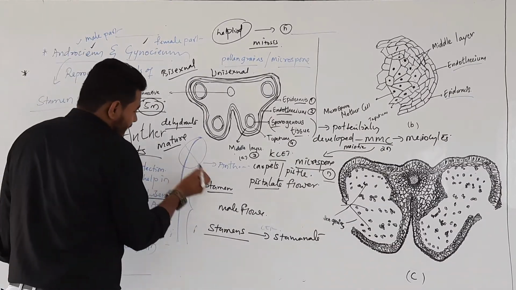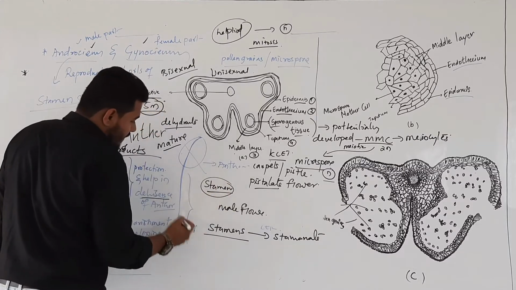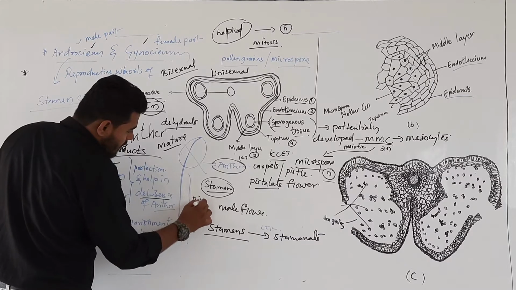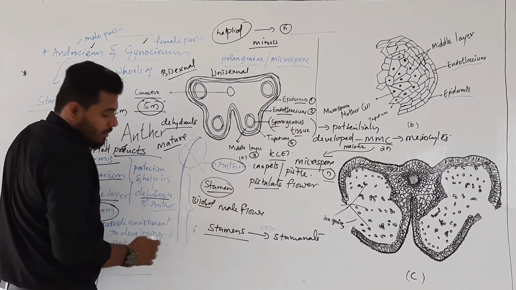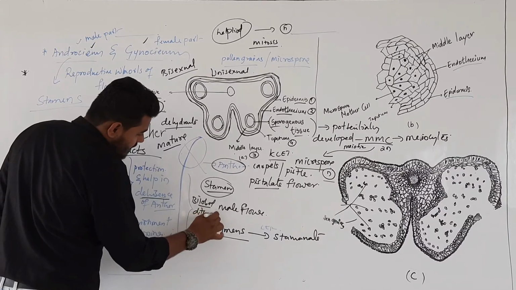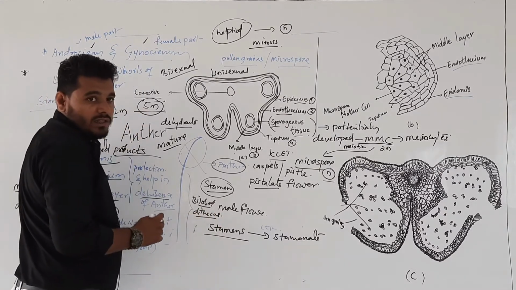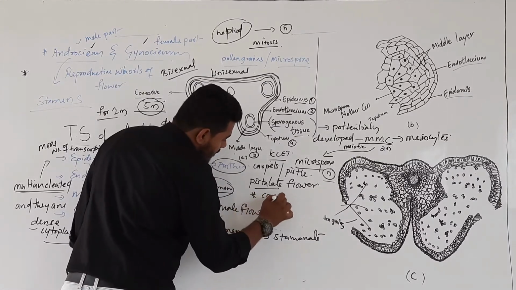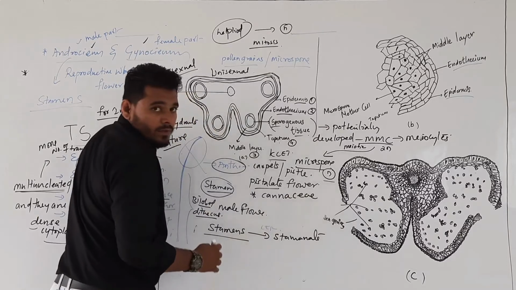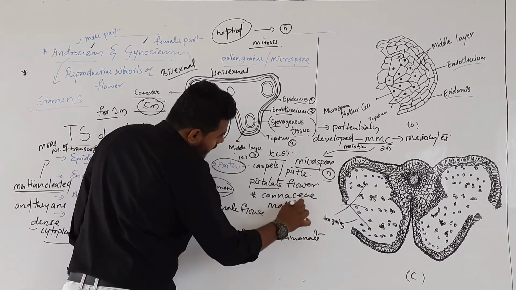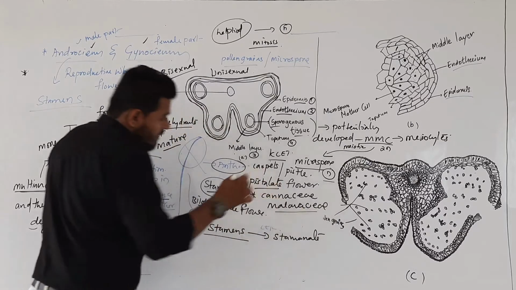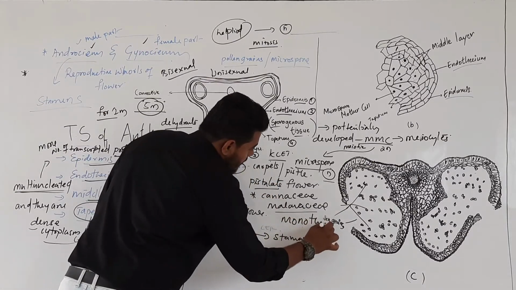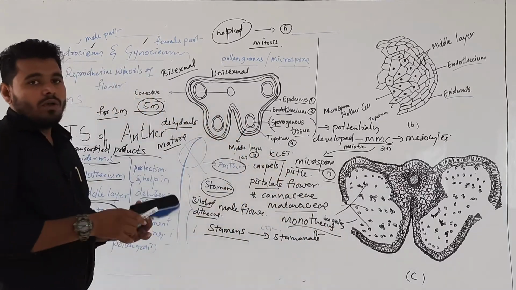This anther and filament make up the stamen. The anther, as I told you, is bilobed or dithecous. Remember, it contains two thecae or two lobes. But in the families Canaceae and Malvaceae, the anther is monothecous.